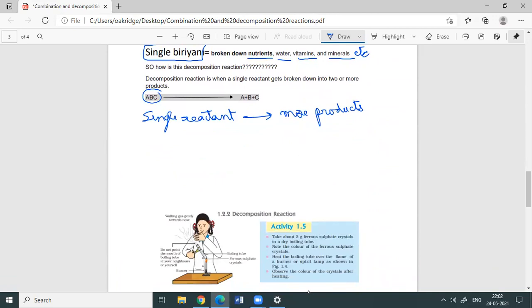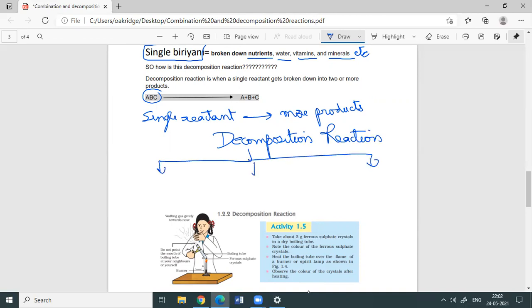Now we have many types of decomposition reactions, not many, three types we can say. So decomposition reactions are of three types, children. I'll quickly write down the names. One is thermal decomposition. One is photolytic decomposition.